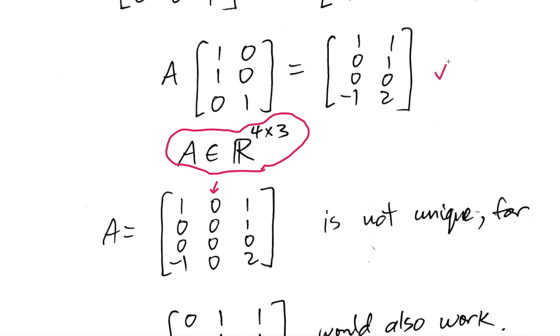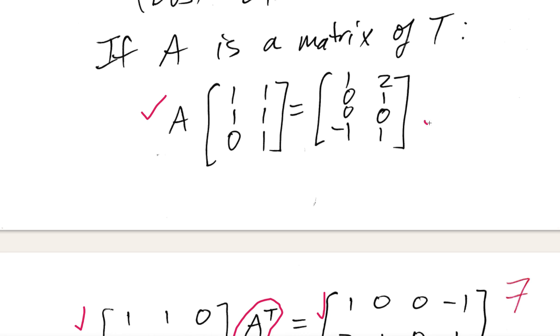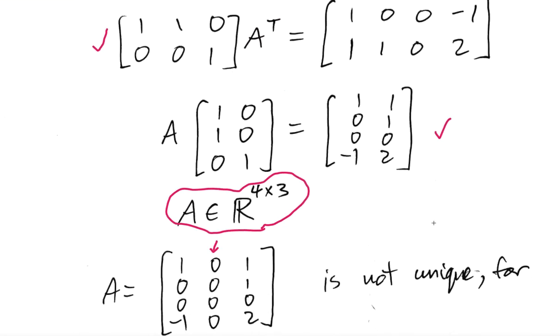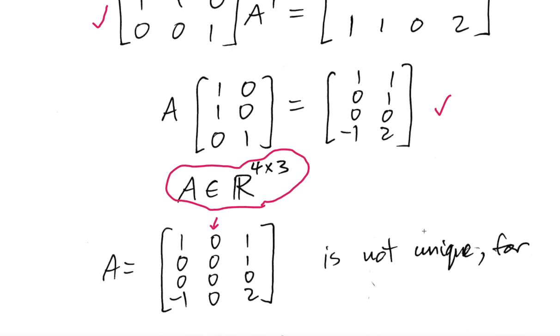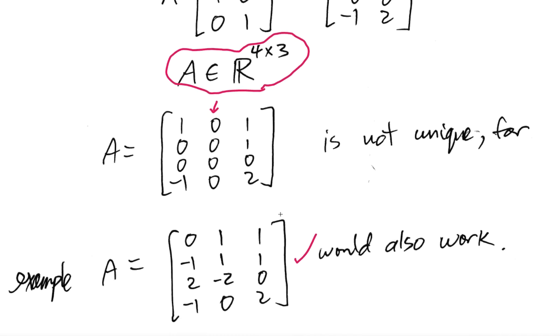It will satisfy that equation right there, which will also satisfy this original equation up here, no problem. This one will also work. In fact, there are infinitely many that will also work here.